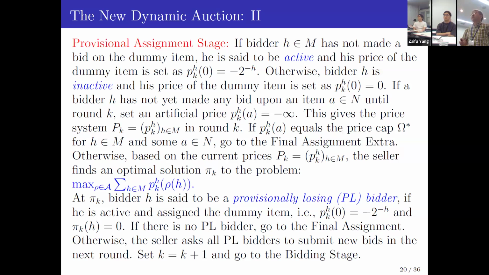If a bidder has not yet made a bid on the dummy item, we say this bidder is active. This means that currently you are not actually interested in the dummy item. This means you still can make a positive surplus for other items, basically.